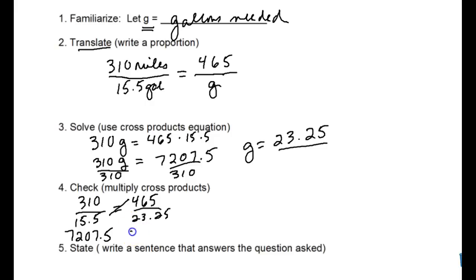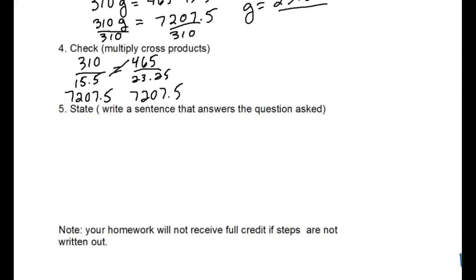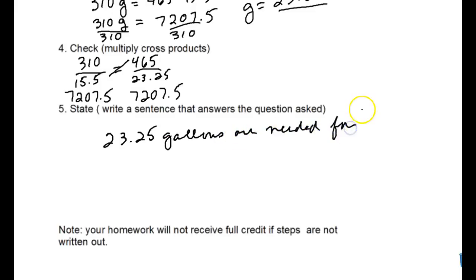You get 7207.5. That means that we have the correct number there. The last step here is to state. We're going to write a sentence that answers the question. The question was, how many gallons would be needed to travel 465 miles? Well, 23.25 gallons are needed for 465 miles.